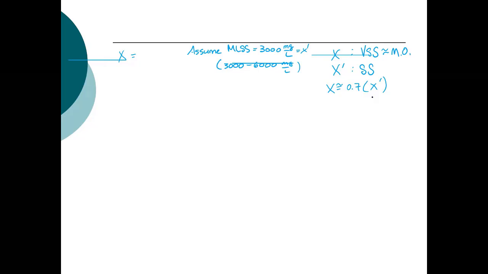So X is equal to the mean cell residence time times the yield coefficient times the difference between S sub 0 and S sub E, divided by the detention time, times 1 plus K sub d times the mean cell residence time. So if we make this assumption here, we start with the 3,000.